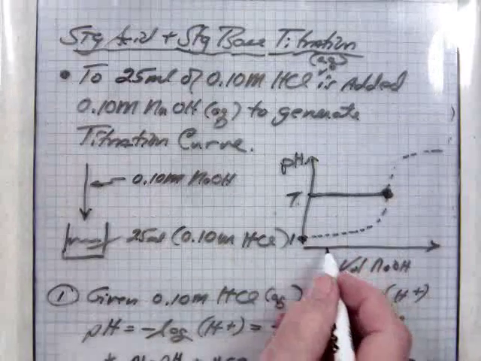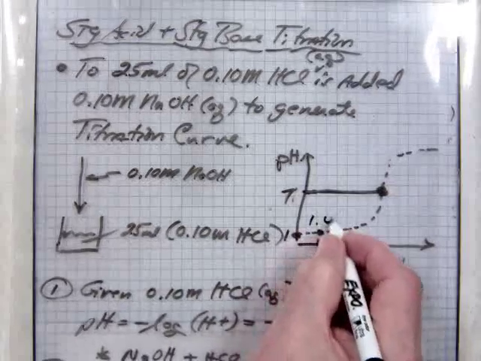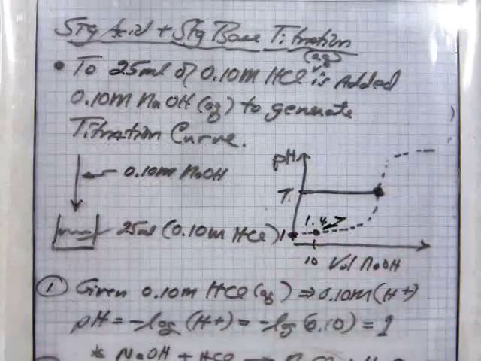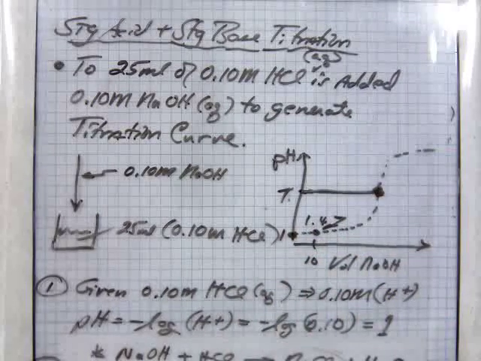Okay, we're adding 10 mils right here. Then this number is 1.4 on the pH scale now. So we're moving up the pH curve, and so we'll go to 20 mils, and you'll see it jumps up a little higher.